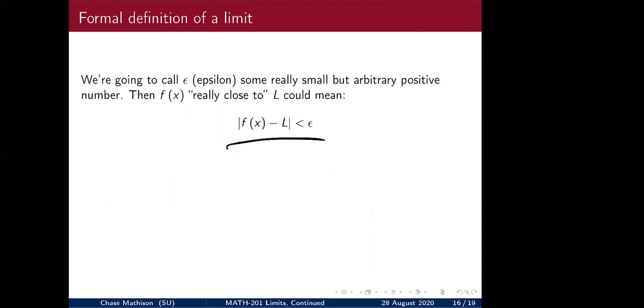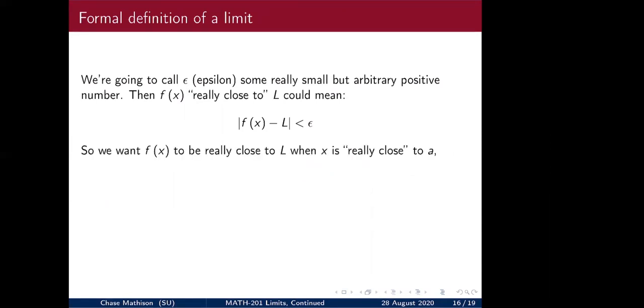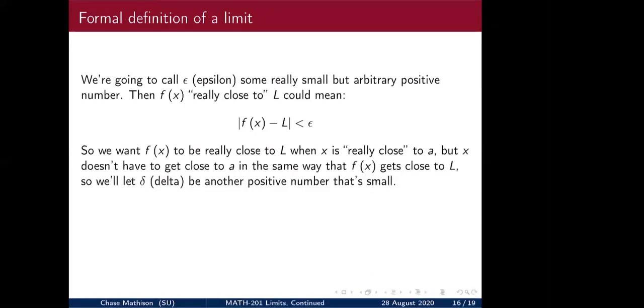Okay. So then I also in that definition said that x has to be really close to a, but not equal to a. But x doesn't have to be really close to a in the same way that f of x is really close to L. So for that reason, we're going to say we have another small positive number, delta. Okay, but it serves the same purpose.